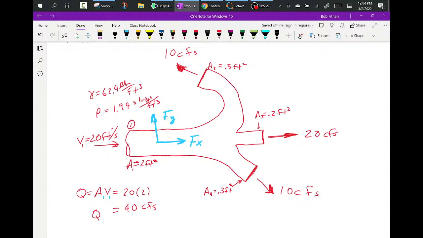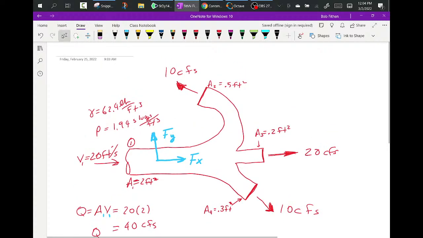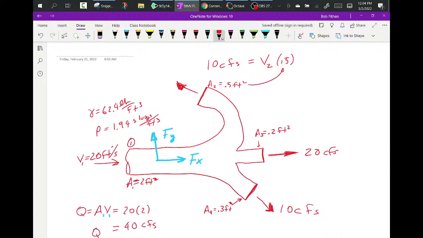So now I need to find the velocities. I'm going to slide these over and say this is equal to velocity 2 times 0.5, which is the area here, and therefore velocity here would be 20 feet per second.